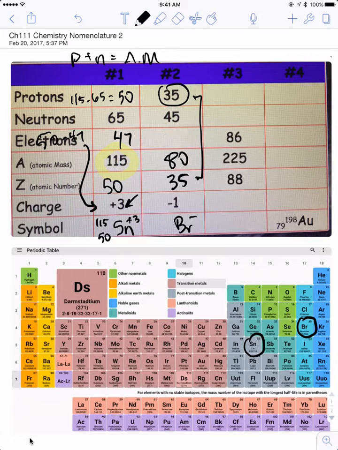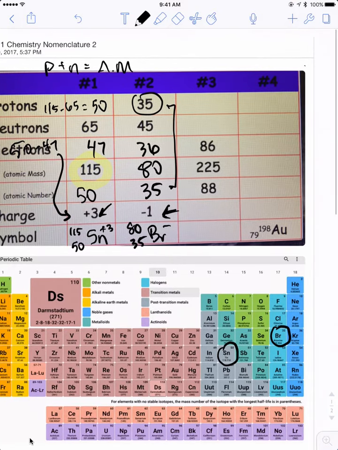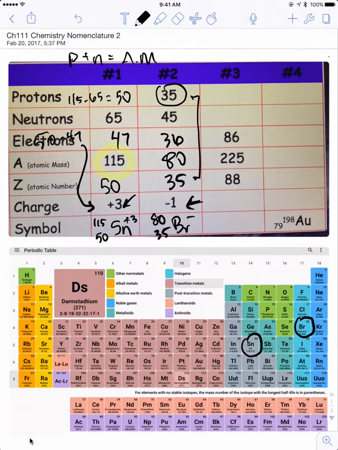And the fact that we have -1 tells you that there are more electrons than protons, so this makes it 36. 36 electrons and 35 protons gives it a net of -1. So the proper nomenclature would be 80, 35, and -1.